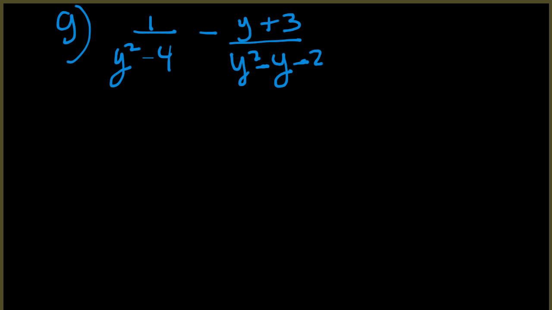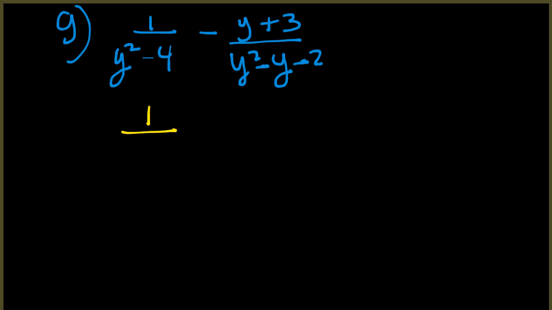All right, we got a little bit of factoring to do. And now, this time, do I clear my denominator? No, because there's no equal sign. It's not an equation. I can't solve for y. I have to just simplify. So step 1, we factor.